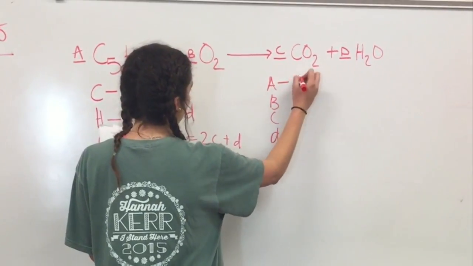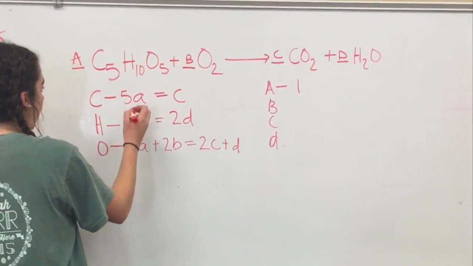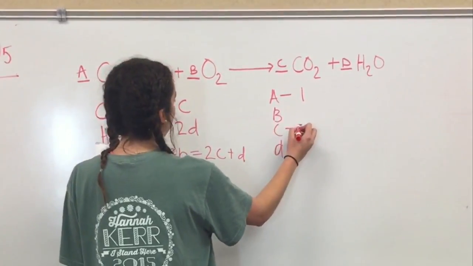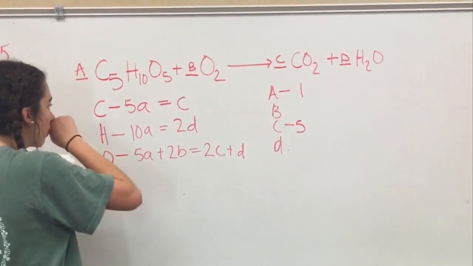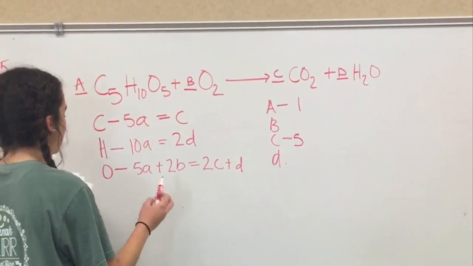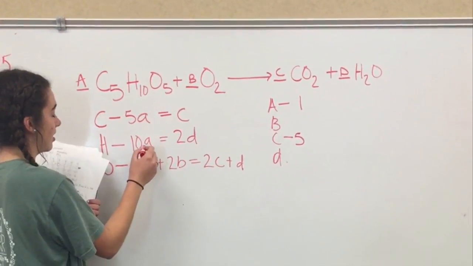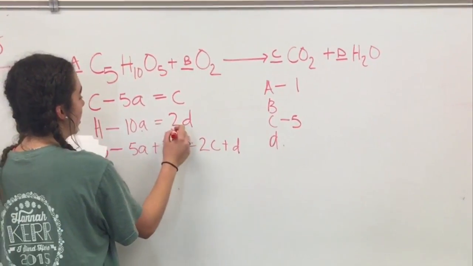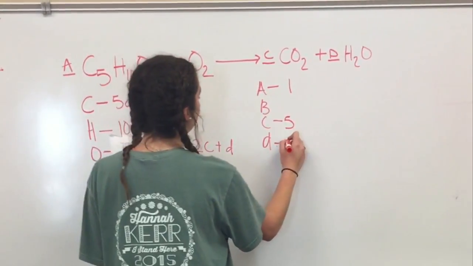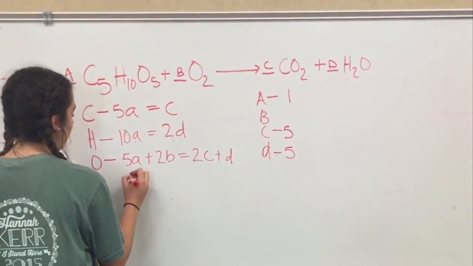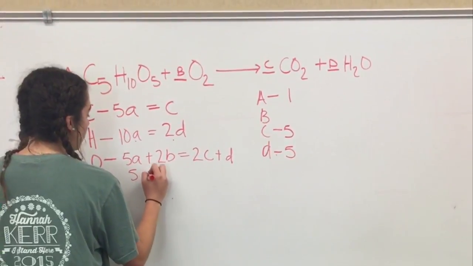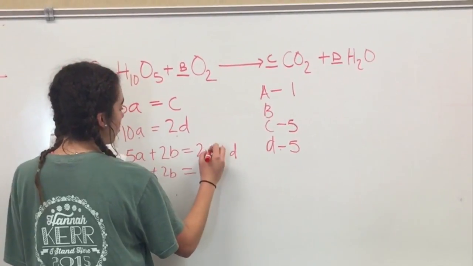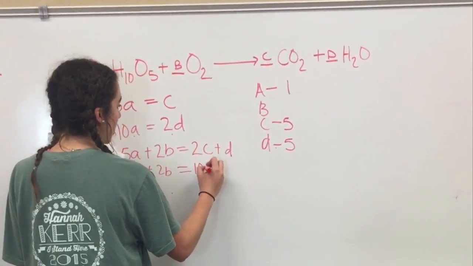And so we can write out our letters, and we can just assume that A equals 1. So if 5 times 1 equals C, then we know that C is 5. And when we go to our next one, we have 10 times 1 equals 10, and then divided by 2, you know that D is also 5. And then you can plug these into your last one. So you have 5 plus 2B, which is what you're looking for, equals 10, because we have 5 is C plus 5.